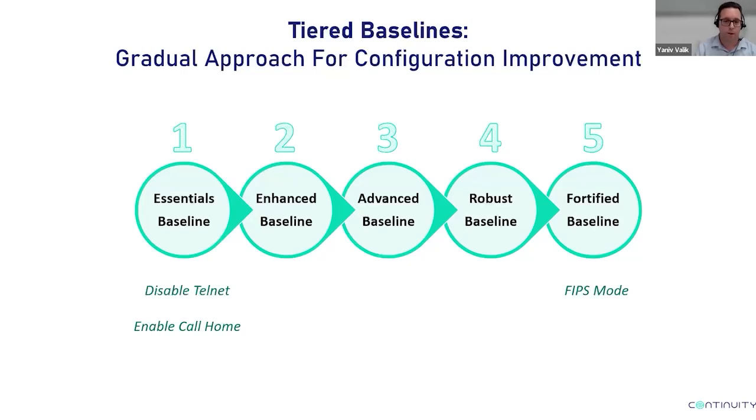This way you finish one tier, you stabilize, and then you step up to the next tier without any big disruptions. And this is flexible. You can choose how many tiers and what goes into each tier based on your own risks and your own priorities. In the next slides, we'll walk through a few examples of what could belong at each tier.